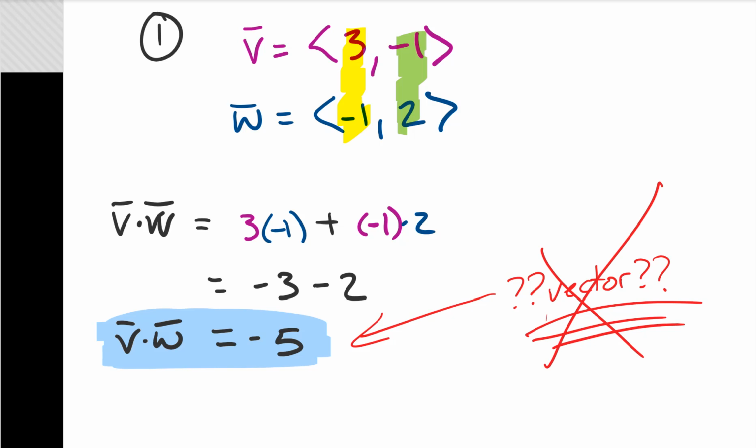No, it's not a vector. This is a scalar. It's just a number. I forgot to mention that. It's not a vector. When you dot two vectors together, it becomes a scalar. Make sure you have that. When you dot two vectors together, it becomes a scalar. It's just a number. It does not create another vector.